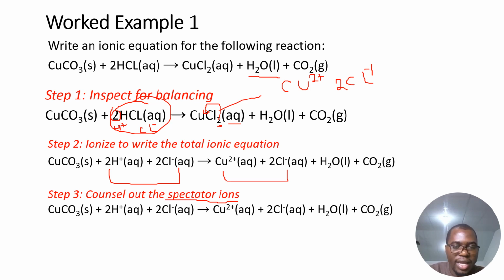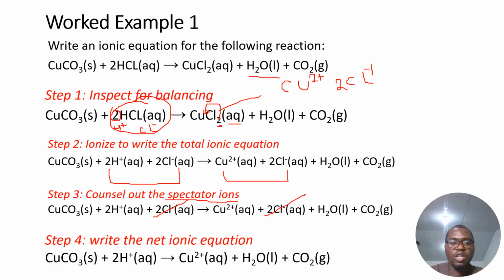It's not a spectator. Let's look at 2Cl- (aq). We also have 2Cl- (aq) on the right hand side. So these are exactly the same. So we can cancel out this and cancel out this. So we have removed these. These are the spectator ions. After removing the spectator ions, then we can write whatever remains.